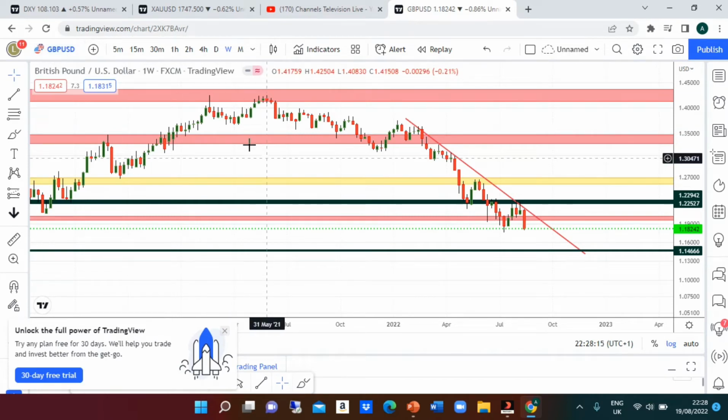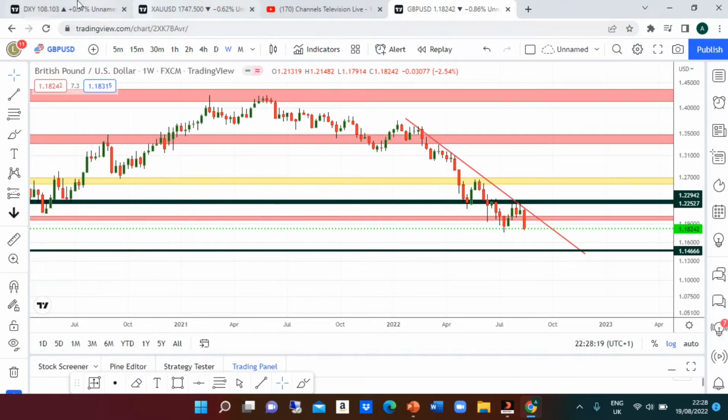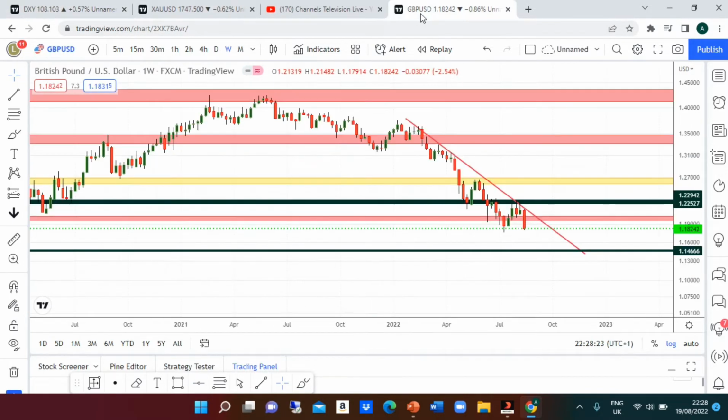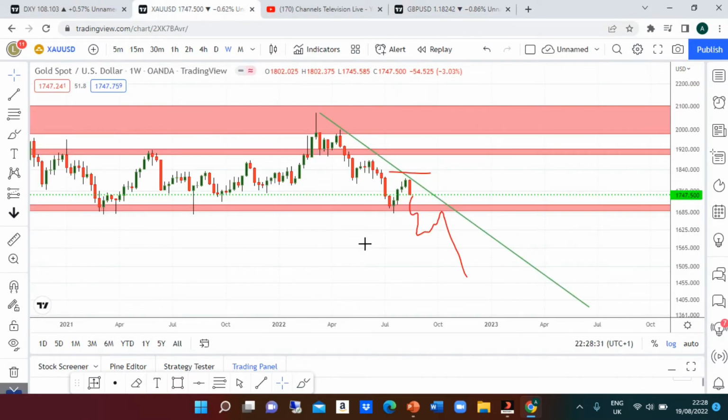So if dollar is your base currency and dollar index shows that dollar is going up, it means that the currency pair will be going down. So that is why you see the movement is similar to even gold. Look at it, they are all similar because of what? They are connected to the US dollar.